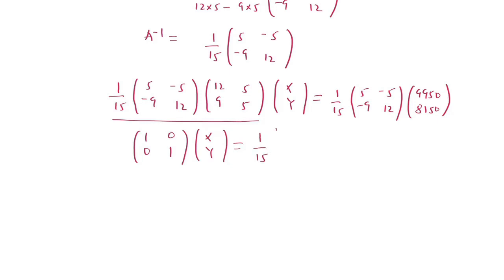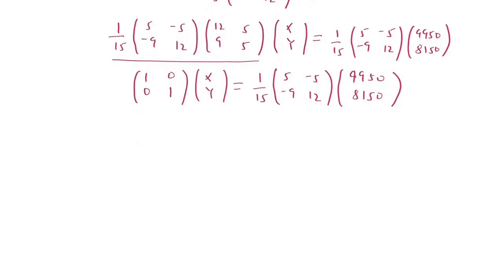1 over 15 times matrix [5, -9; -5, 12] times matrix [9,950; 8,150]. Okay, now we have to remember that an identity matrix times any matrix, the result is going to be the matrix itself.